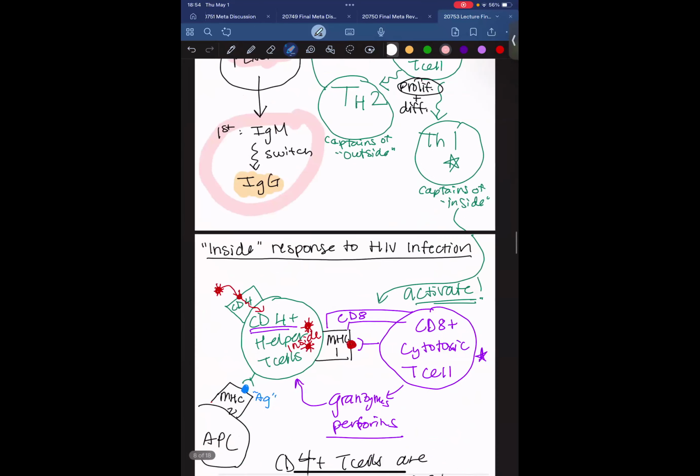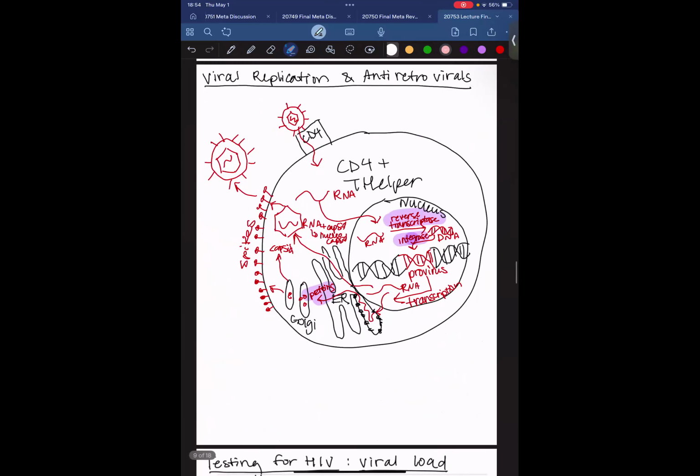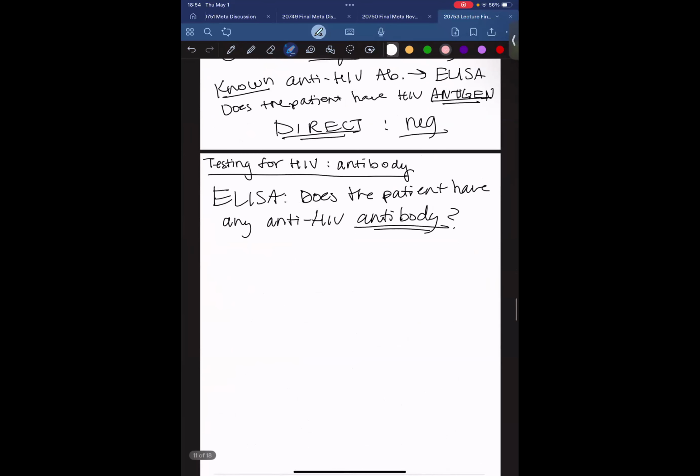If you have had that reaction, you must have had HIV in your body. So we're asking if our patient has anti-HIV antibody. What kind of ELISA would that one be? Indirect.